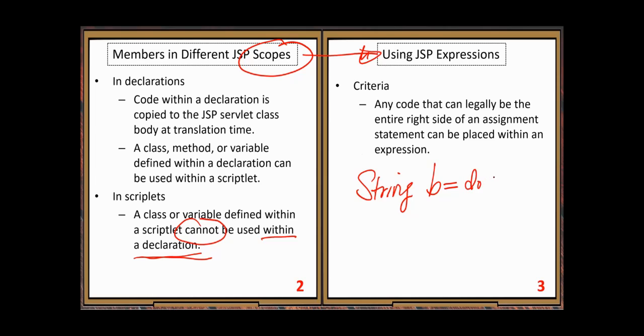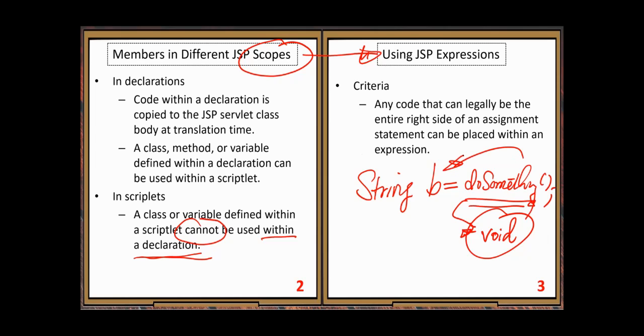b = doSomething(). But this doSomething is of type void. I define this method so it does not return anything. Is it legal to put it here? It's not legal, because it's void.